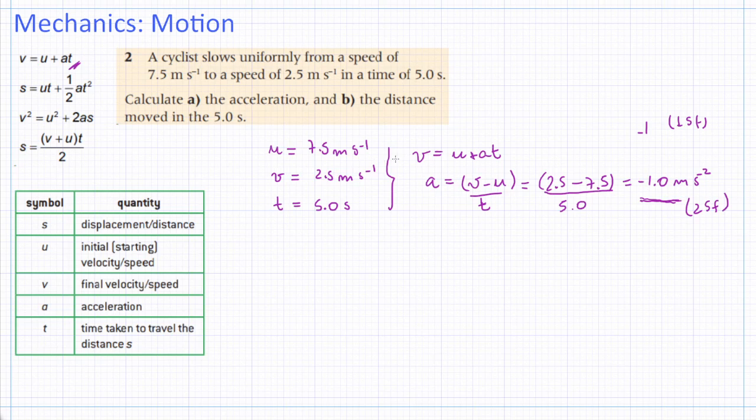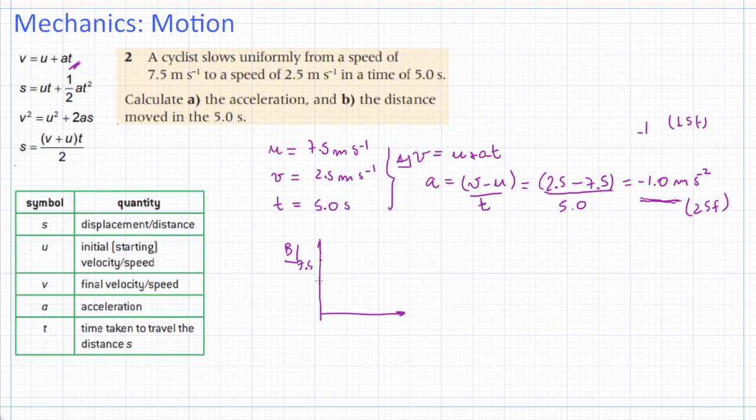So this is question A. Now question B, what is the distance moved in the 5 seconds? If we had a velocity-time graph, we could just get the area of the graph. So if you wanted, you could plot this graph. You would have an initial speed of 7.5.